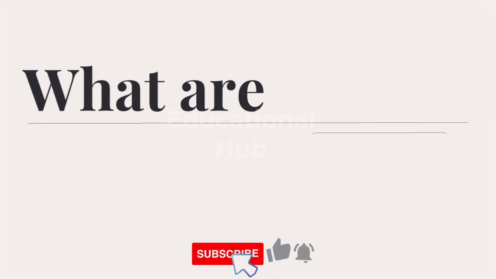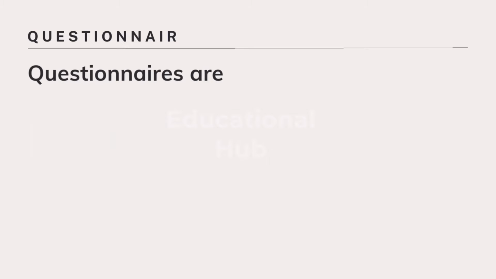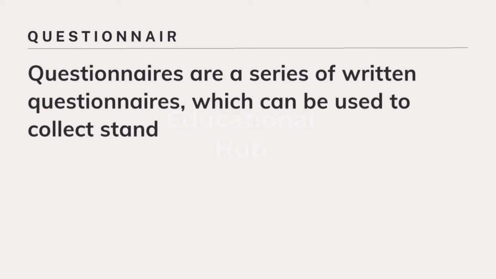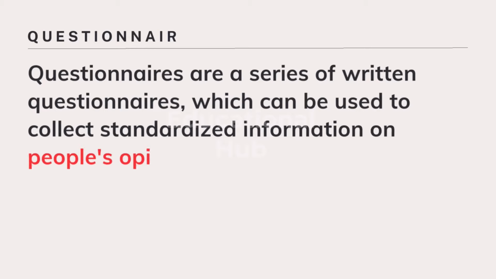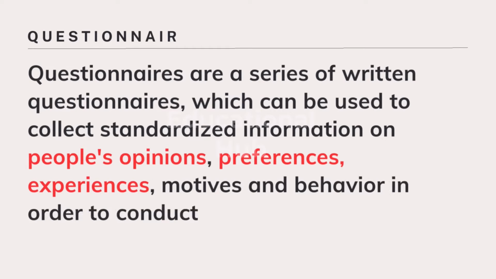First, we need to understand, what are questionnaires? Questionnaires are a series of written questions, which can be used to collect standardized information on people's opinions, preferences, experiences, motives and behavior in order to conduct scientific studies.